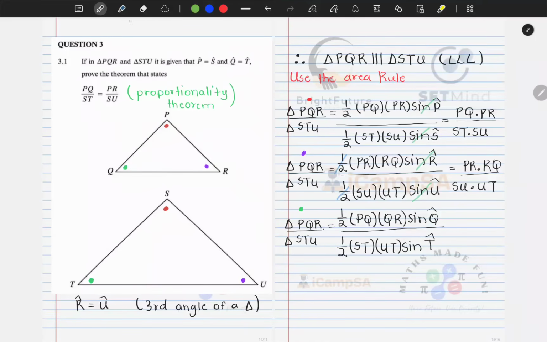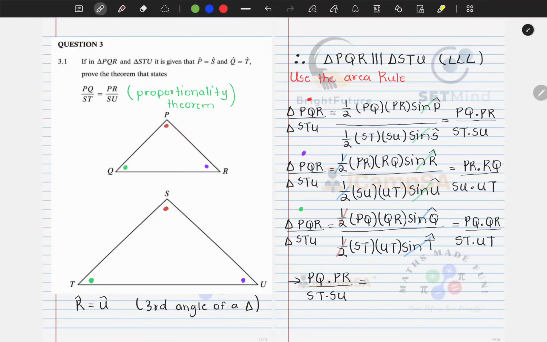And if you observe carefully, the signs will cancel because the angles are equal. And even these will cancel. That leaves us with this. We end up having our PQ times our QR divided by our ST times our UT. So what does this mean? So what this means is what we have is all equal. So PQ times PR and then divided by our ST times SU.